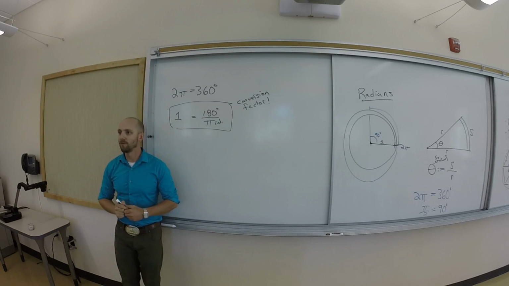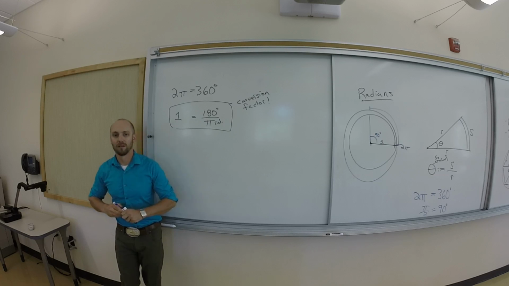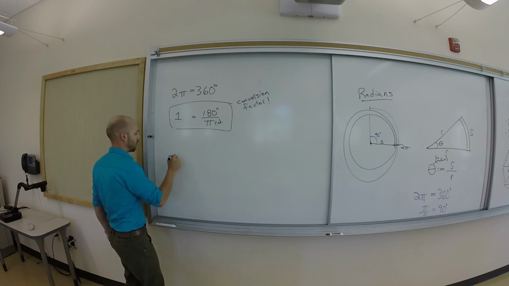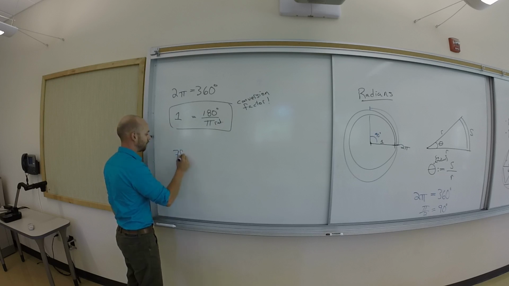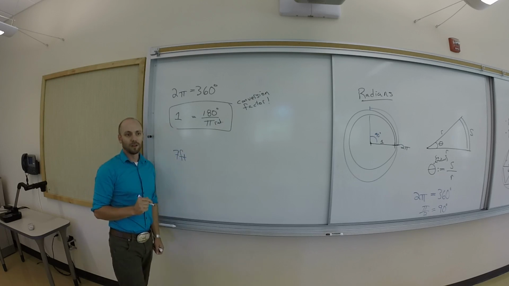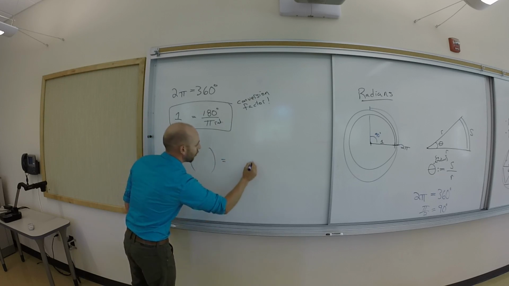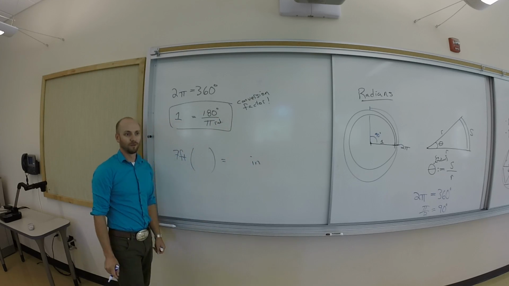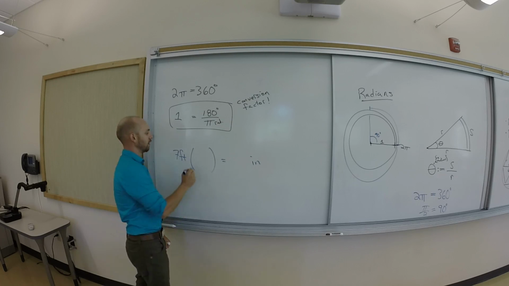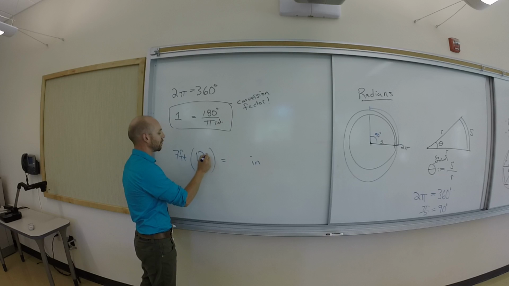I'm not so concerned with whether you know this word or not, but you should know the feeling of this thing. You want to know why you know the feeling already? Say you have 7 feet, and I want to know how many inches this is. What do you do? Multiply by 12. Why are you just willy-nilly multiplying by 12?